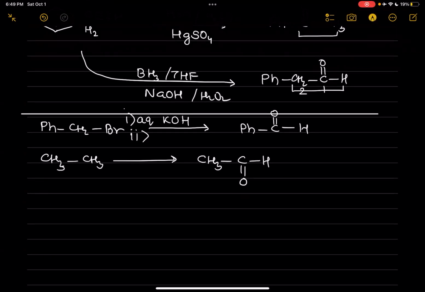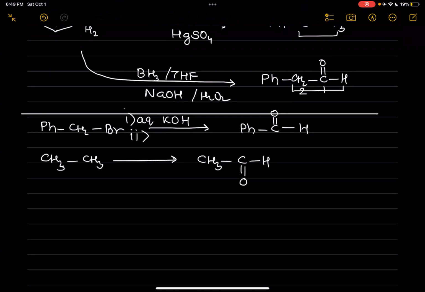How you will bring in the double bond, we have seen in the alcohol chapter. So H2SO4, no, that is not oxidation.